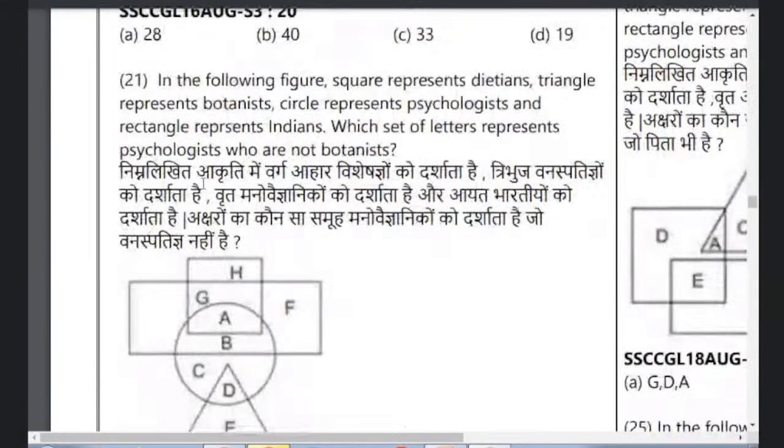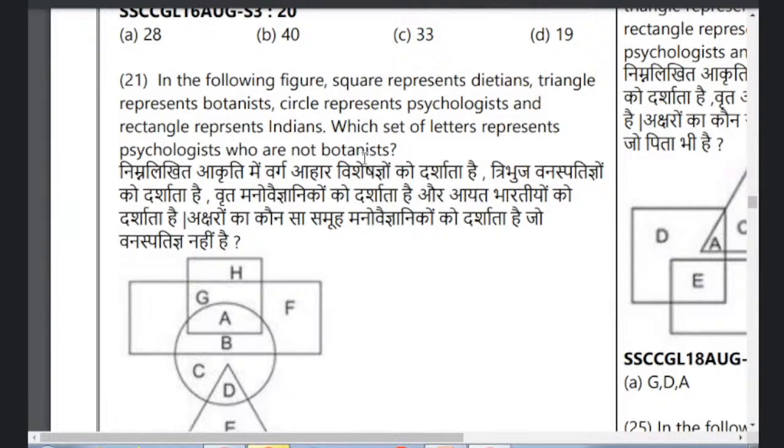In question 21, square represents the Delian, triangle represents the botanist, circle represents the physiologist, rectangle represents the Indian. So we have to select the letters who are physiologist but not botanist.